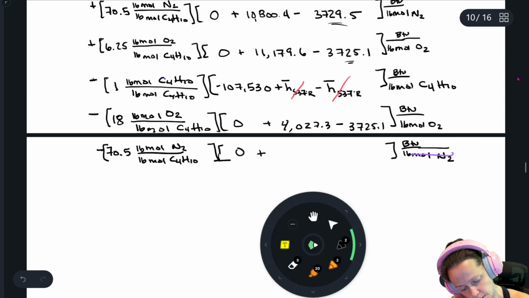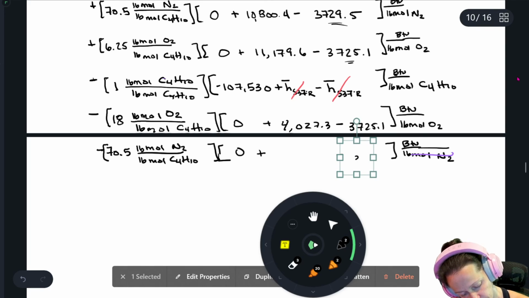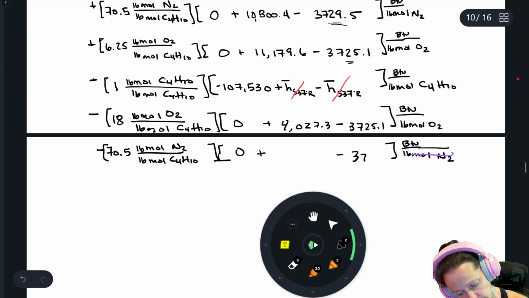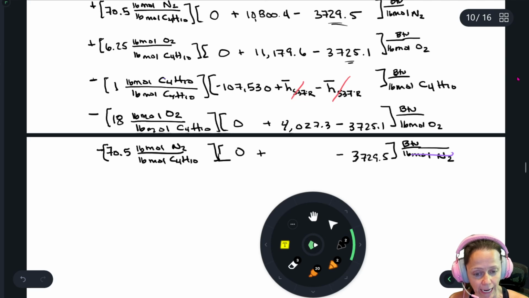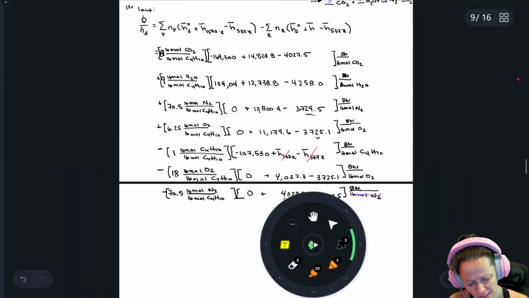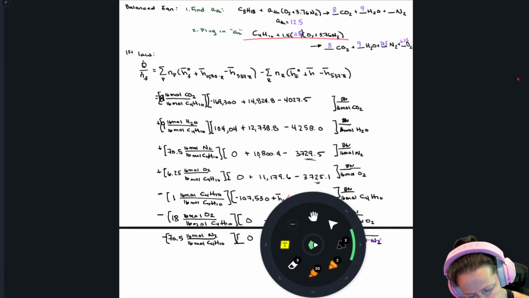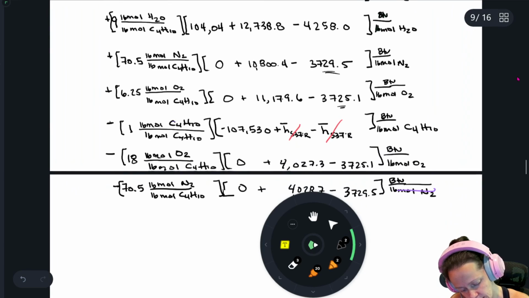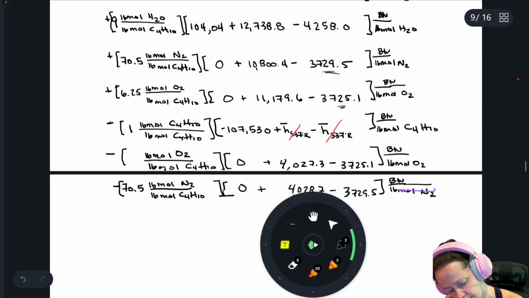And 3729.5 is the enthalpy at standard reference state for nitrogen. And then at 580 it ends up being 4,028.7. I noticed one minor issue. This is 18.75, not 18.